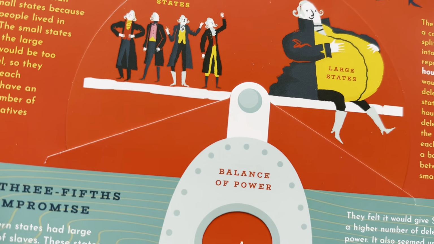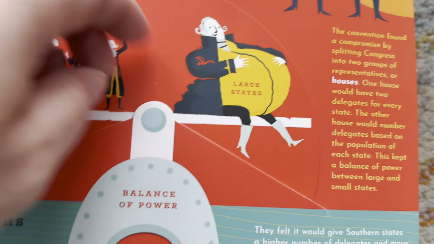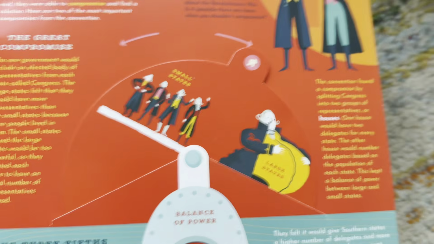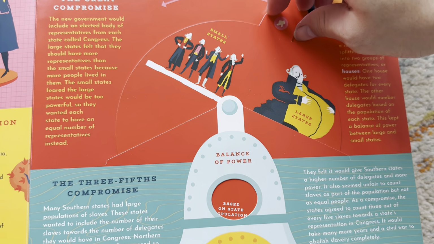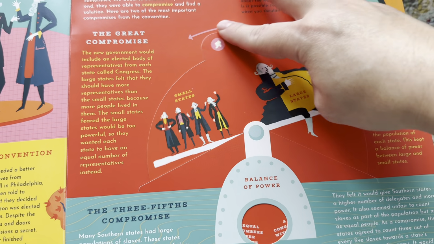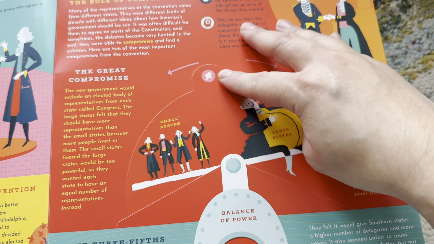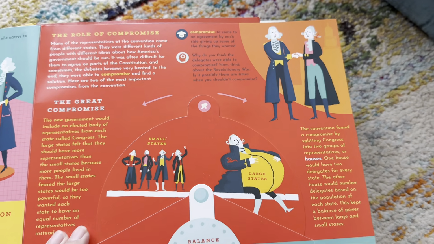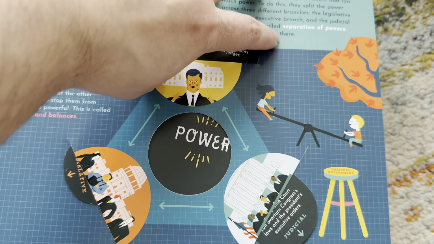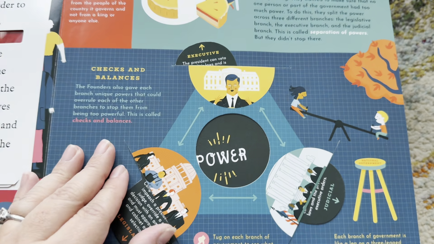Hold on a second. How does this work? Oh, I was doing it from a different direction. Hold on. So see how it changes at the bottom? So that's this one. And that's a cool visual. That's a cool one. Look, another one. See? Okay.